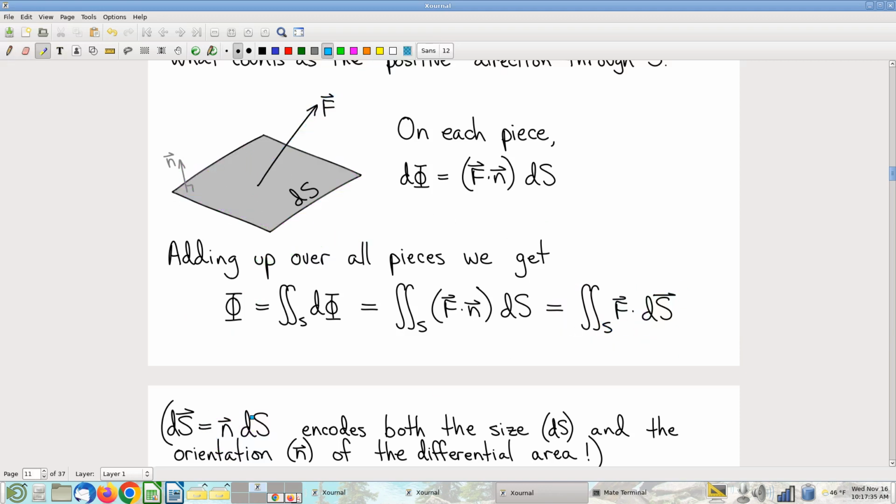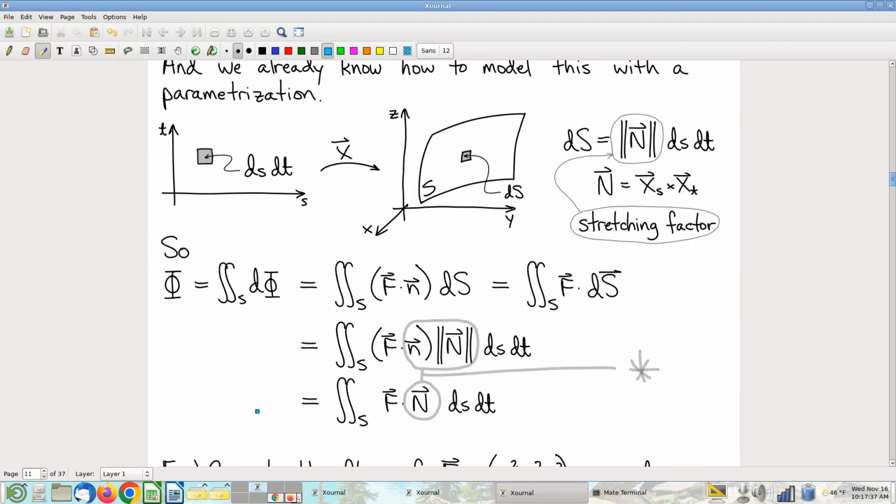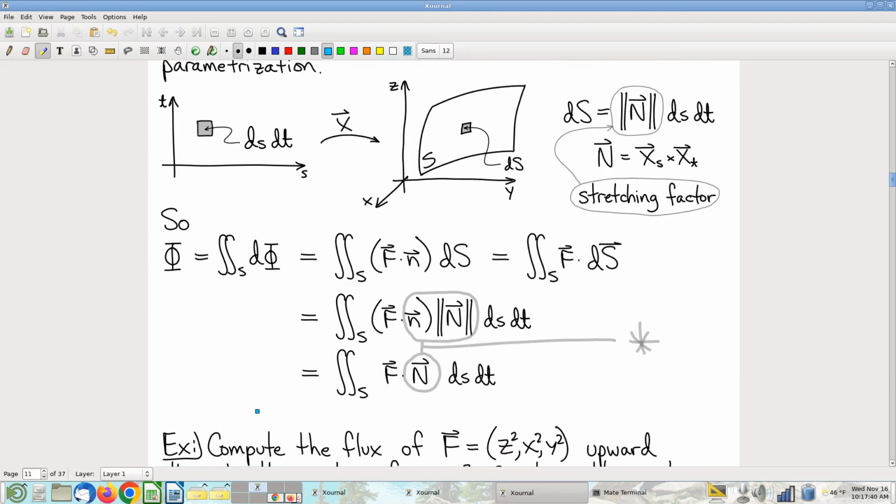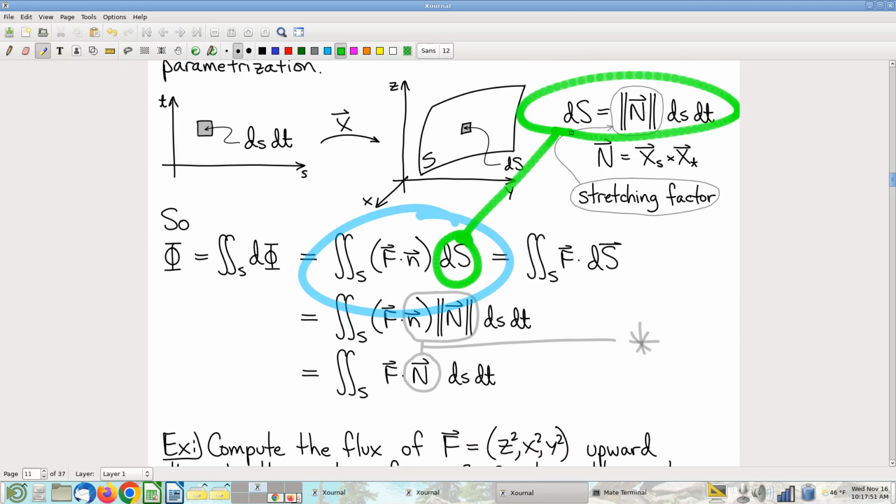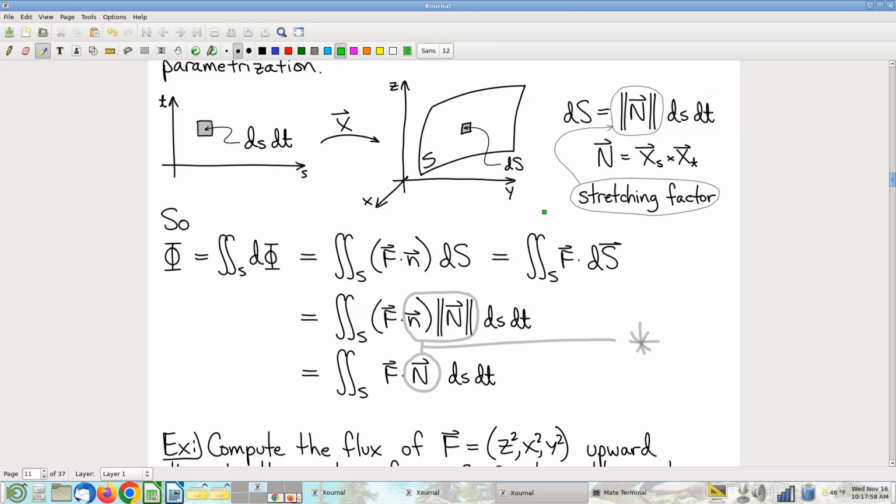And let's see here. Then I guess we talked about how to do computations, and roughly the big idea is we already know how to compute everything that's written down here. Specifically, ds is the magnitude of capital N times ds dt, and then we make the seemingly innocent observation that those two things are equal. There's my confession to the math crime right there.